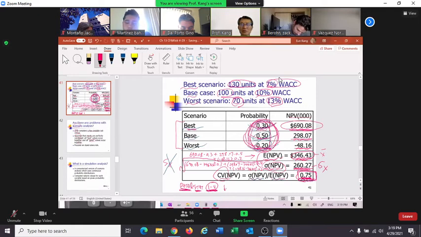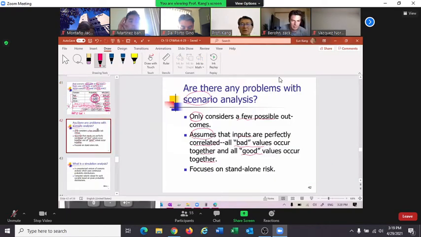Probably the quantity may go down, right? Price goes down, then demand may go up, so quantity may go up. In that case, price goes up and quantity goes up as the best scenario doesn't make sense, right? So that's the problem. The correlation is just not reasonable. And also a common disadvantage is what? It's all for standalone risk, standalone.